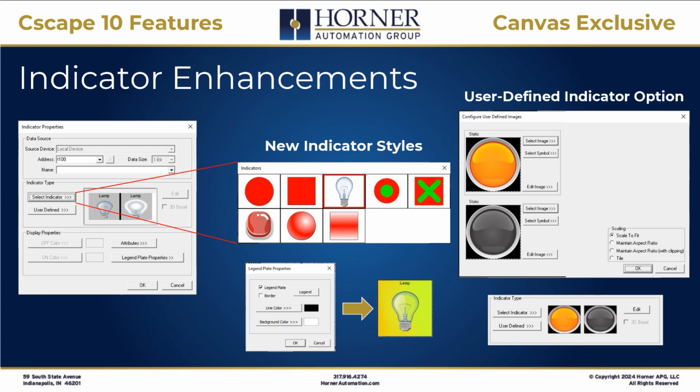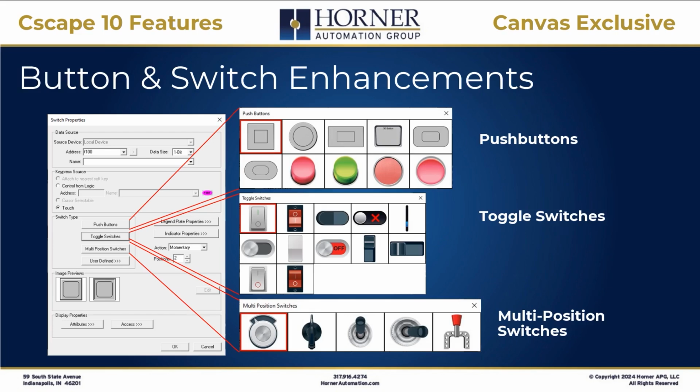When it comes to indicators, the traditional pilot lights, you of course have more choices in terms of what those look like visually. Also, there is a user-defined indicator option now with Canvas and Cscape 10. So you can choose for a user-defined indicator what that image looks like when the variable is on, and what it looks like when the variable is off. So more control on indicators.